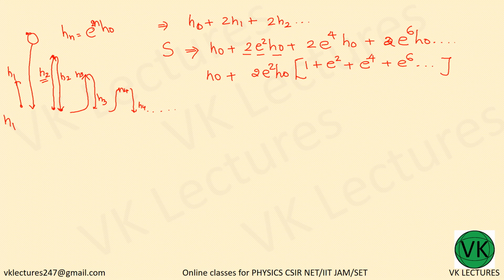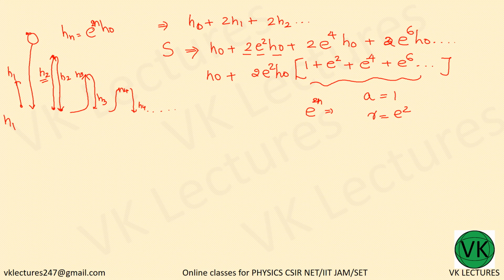Here you consider what you want. This is first term, second term, third, fourth, so it goes on like this, e to the power 2n. That means your first term a is equal to 1 and r, the common ratio, is e square.